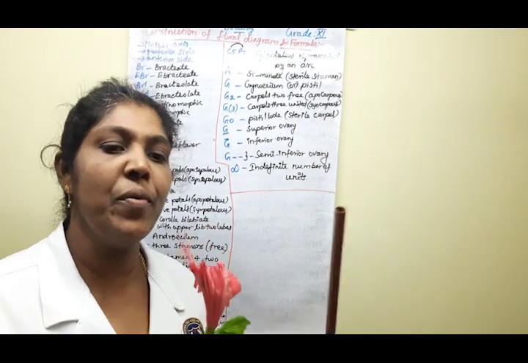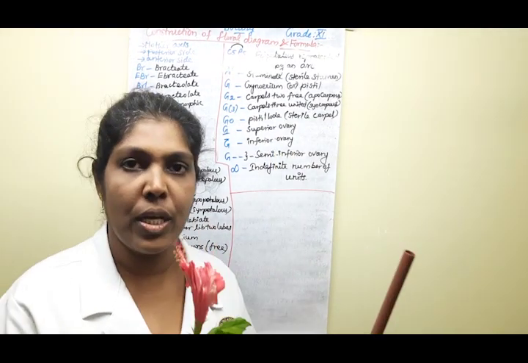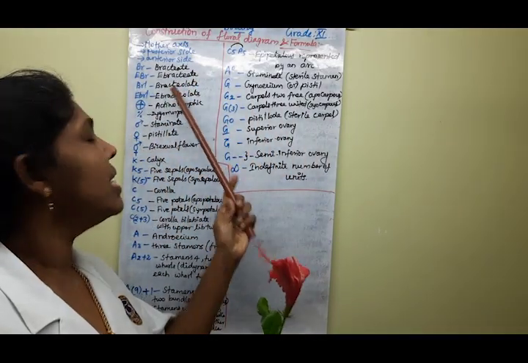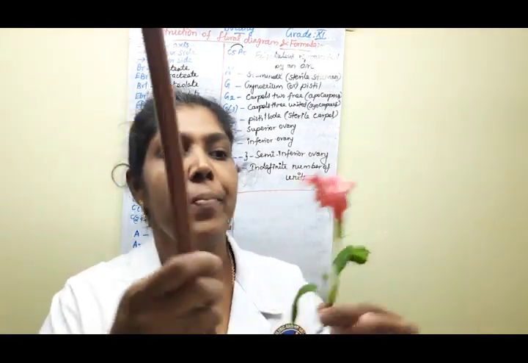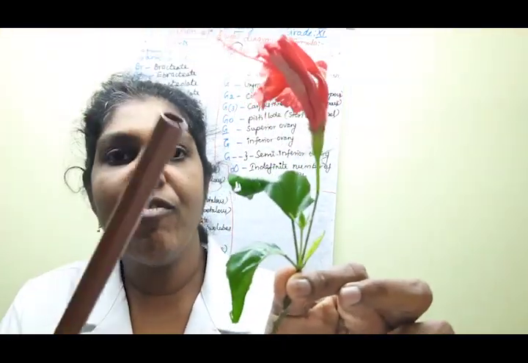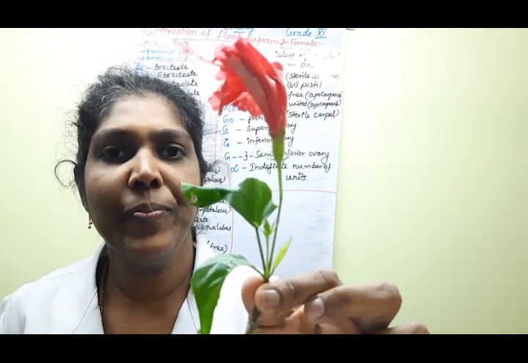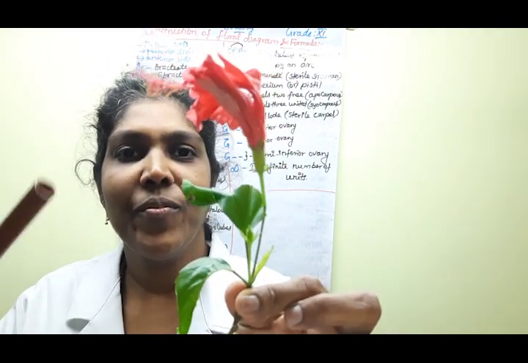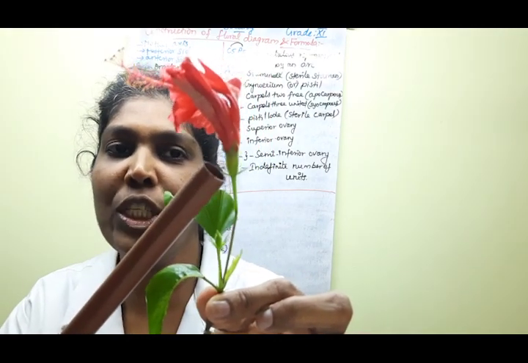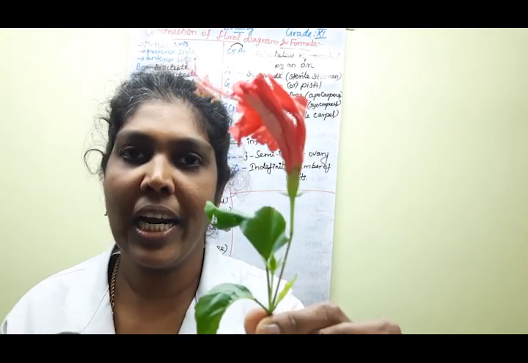Next, we are moving to bracteoles. Understood? So the next term is bracteole. I will show this flower, children. Where is the bracteole present? Have you identified it? Yes. Where is that region? Very good. So this is the bracteole. Clear, children?